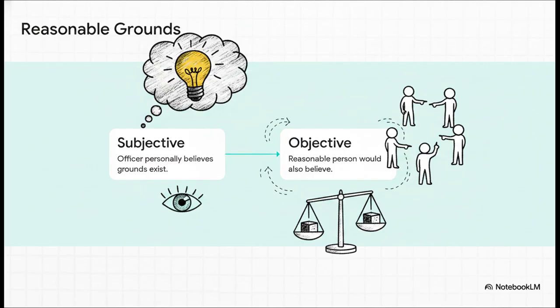First up is the subjective test. The officer has to personally and genuinely believe that grounds for arrest exist. Second is the objective test. A reasonable person, standing right in the shoes of that arresting officer, must also conclude that those grounds exist. It's not about absolute proof of guilt at this stage, for sure, but it must be way more than just a mere suspicion.